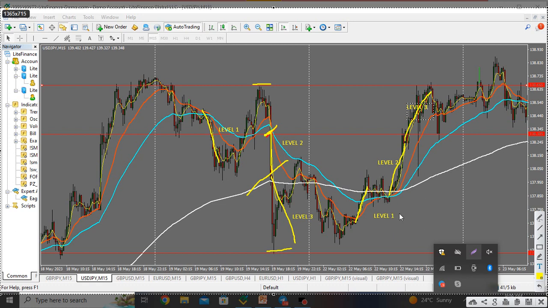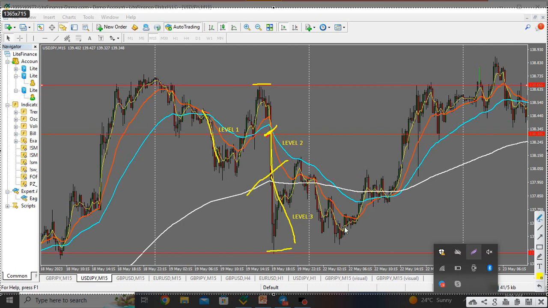So your target was to ensure that the shift candle is above the 20 and 50 M. This was our shift candle. Our shift candle was after the bounce.